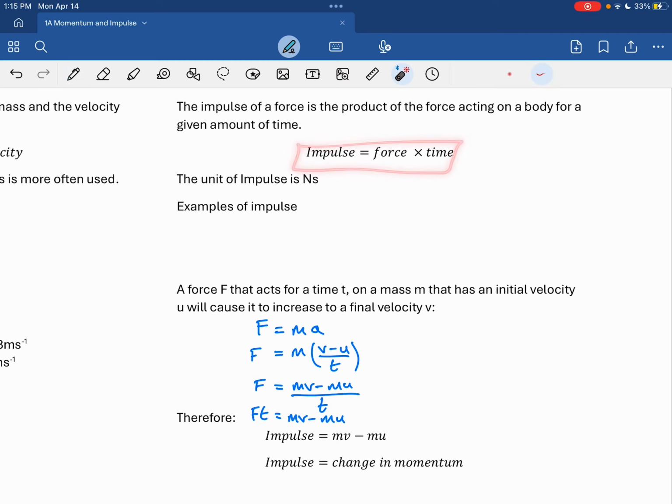Impulse is force times time. We've got force times time, and that is equivalent to the change of momentum. Hence why impulse is mv minus mu. Hence why we can refer to impulse as the change of momentum that a body experiences when it has a force applied to it for a given amount of time.